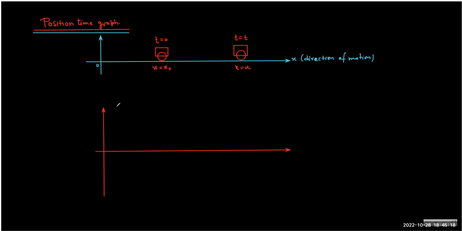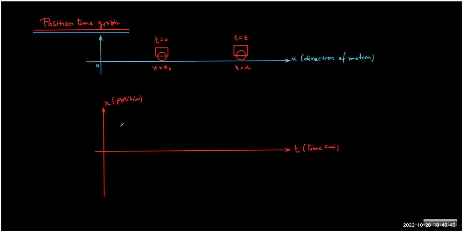So the motion which I was representing on the right side, now I'm representing in the upward direction. So the y-axis will become x because that is representing the position, and this is the time axis. So you must check your position on the y-axis because position is now plotted on the y-axis.